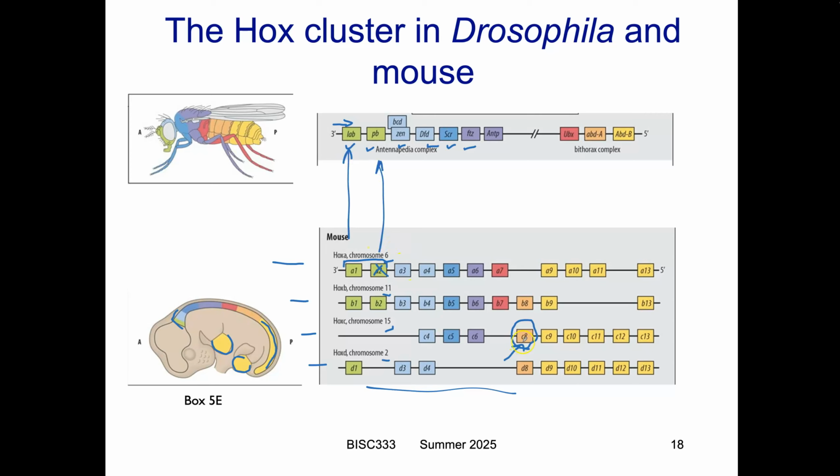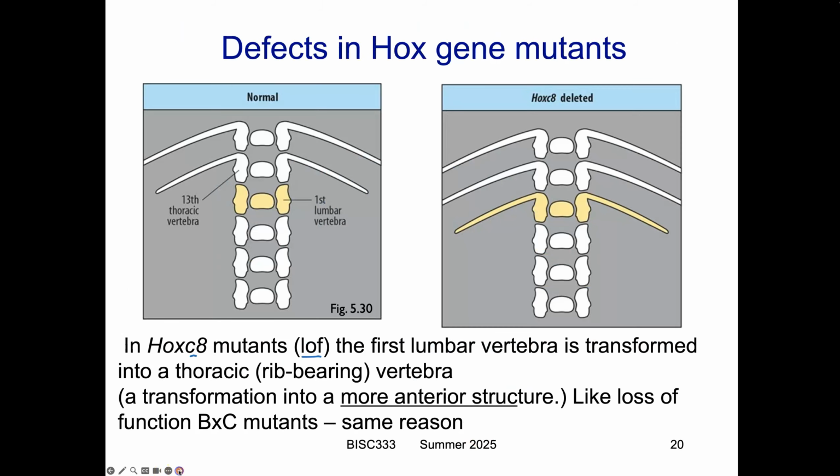So you'll notice this is C8, but there isn't any C1, 2, or 3 in this, or any C7. It's just the way that they've been named. This one corresponds to this one in the flies, and so it's given that number.